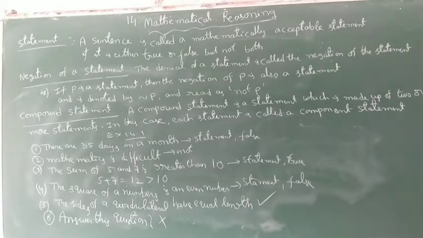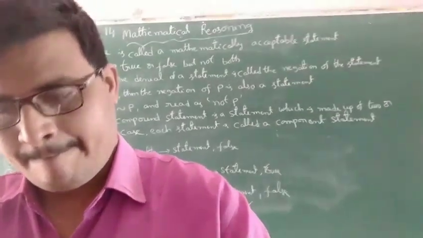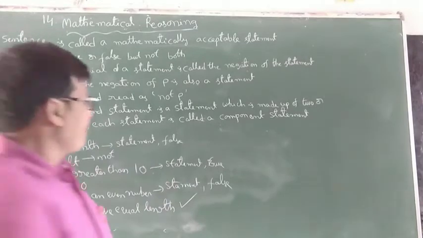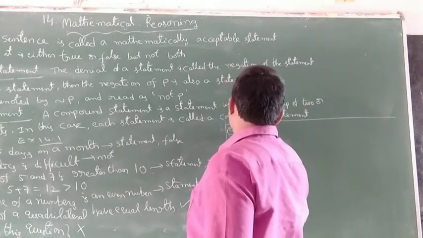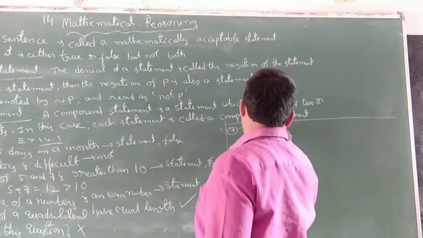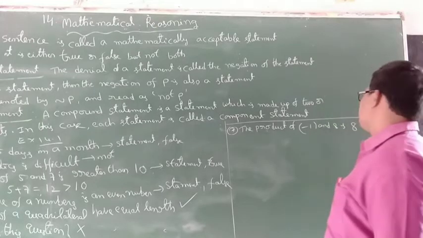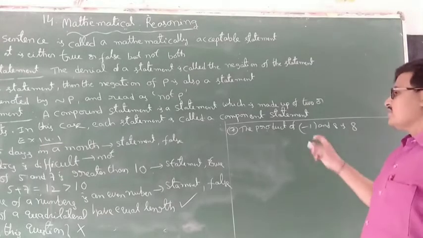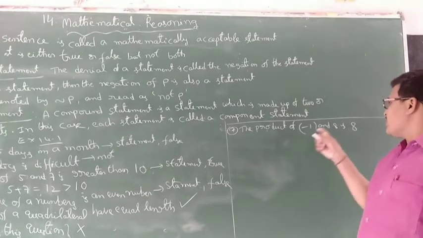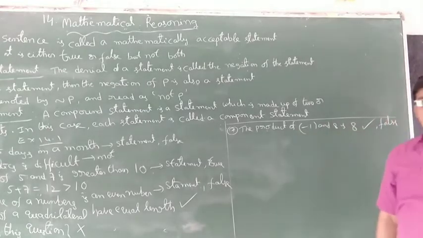The product of -1 and 8 is 8. The product of -1 and 8 is acceptable in mathematics, so this is a statement. It is a statement, but false, because the product of -1 and 8 is -8.